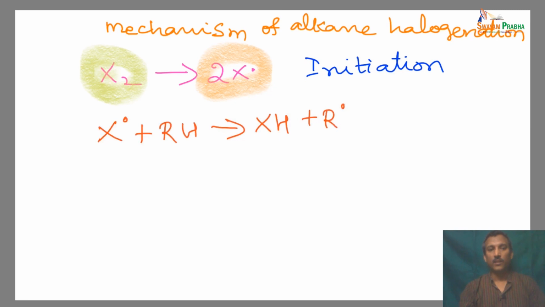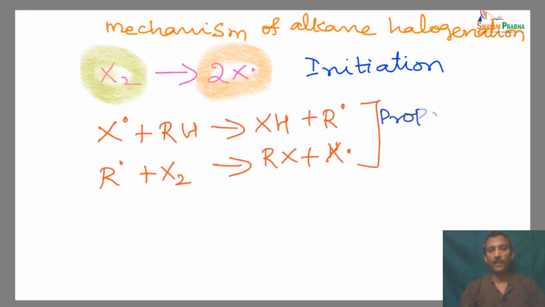And the X dot reacts with the alkane to produce HX and R dot. So this is one of the steps. And in the next step, this R dot reacts with the X2, that is the halogen, to produce RX and X dot. So this is a propagation reaction.